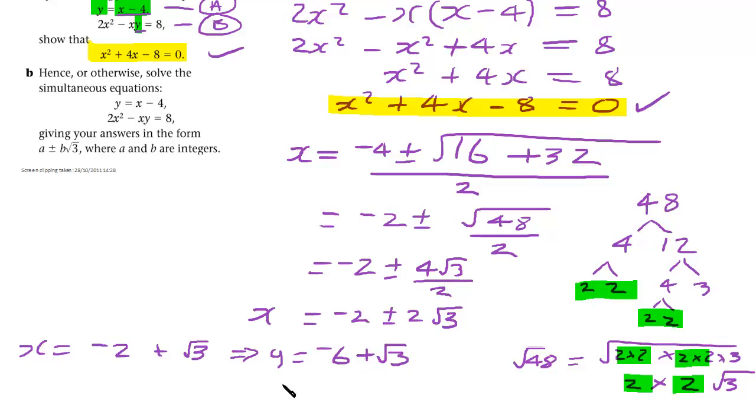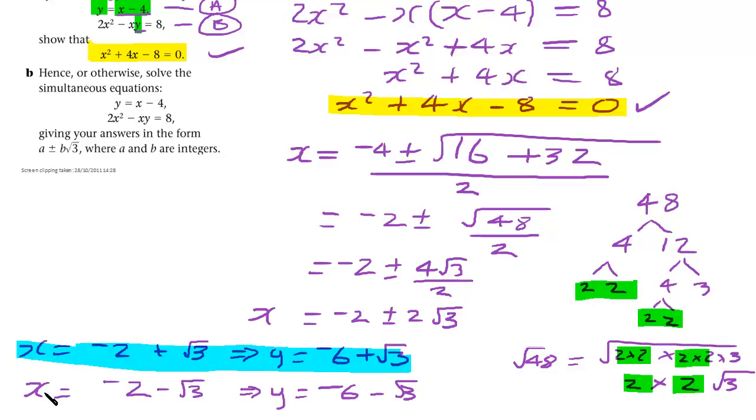So take 4 off this gives you minus 6. And if x equals minus 2 minus 2 root 3, then this will imply that y will equal minus 6 minus 2 root 3. And these are our final answers to the question.